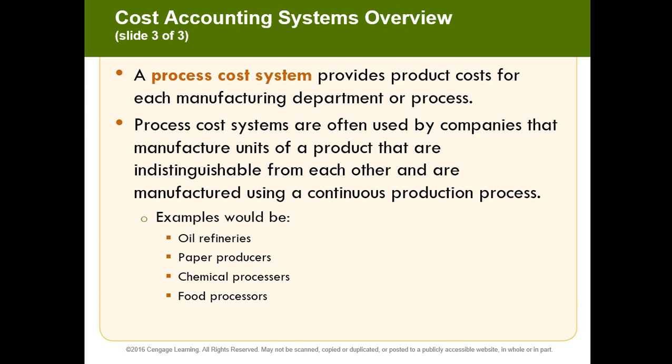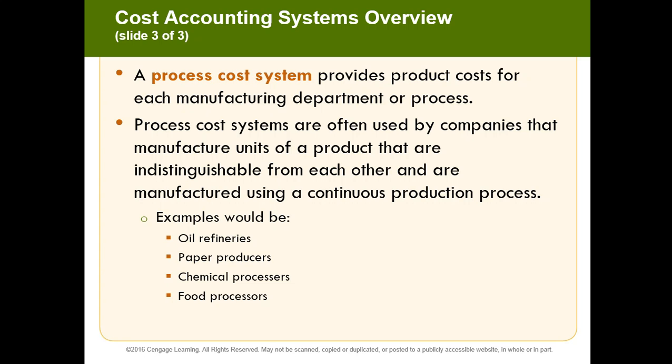A process cost system is for those manufacturing companies that typically are manufacturing the same product over and over again. Food processors are an excellent example of that. Just think of Lay's potato chips. They are doing the same process over and over. They may add different flavorings, but for the most part, that process is very similar.